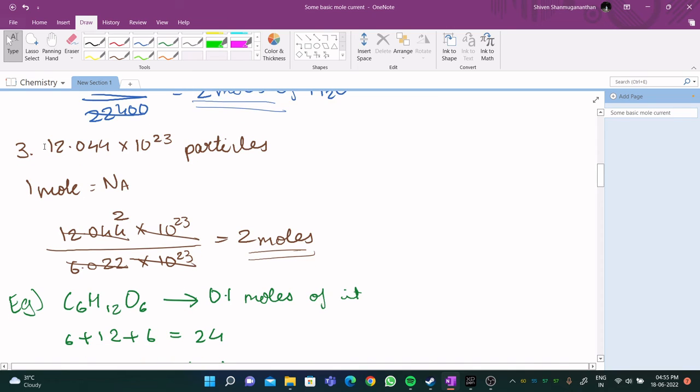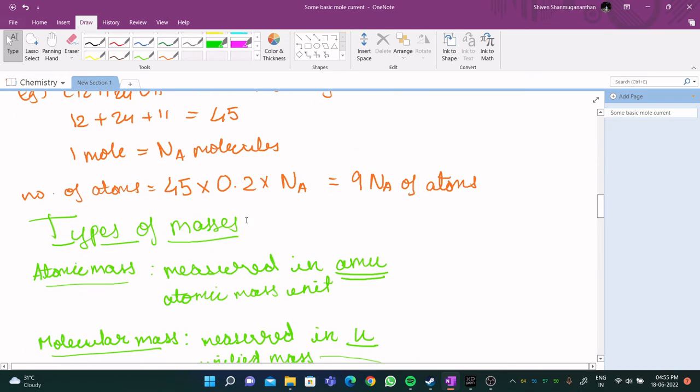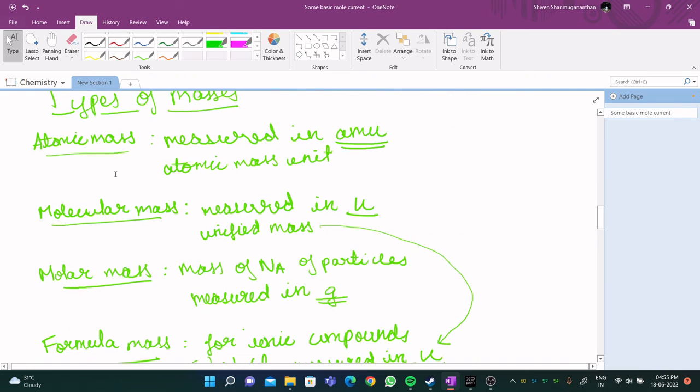Secondly, if you are given the number of particles, you divide it by Avogadro's number and you get the number of moles. We did examples of how to find the number of atoms. Now we have types of masses. We went through atomic mass.